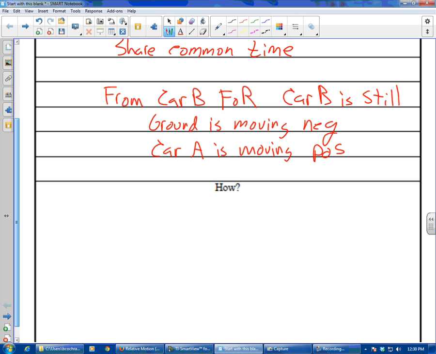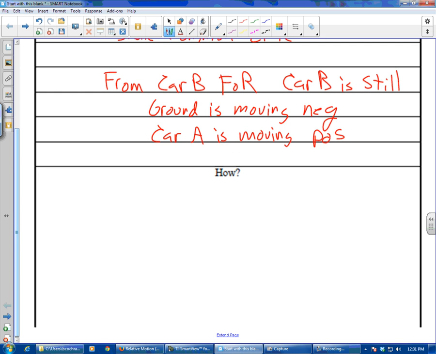And because of how visual I am, I need to draw myself a picture of what this looks like. This would probably still be part of my why, but I'm going to draw here's car B. And then here's the ground, and the ground is going to be moving that way.